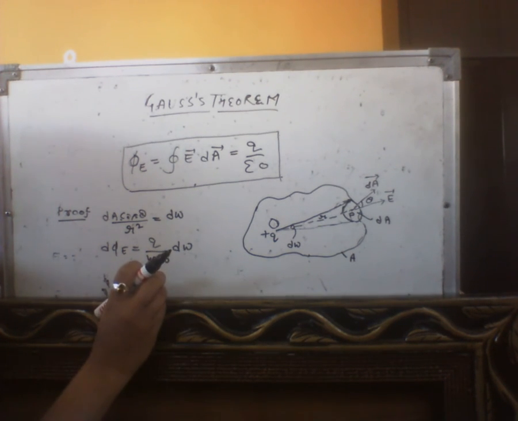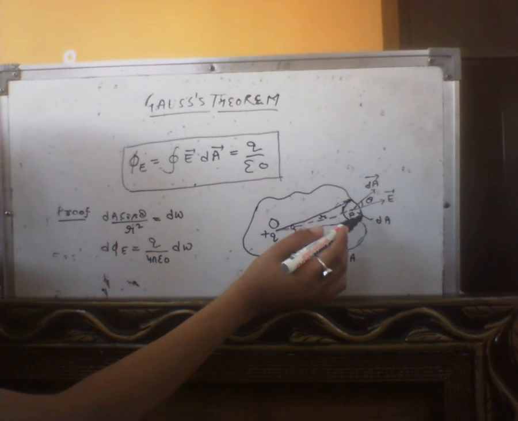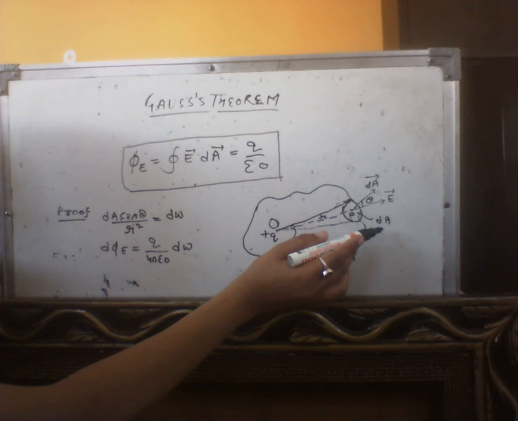This is the flux emerging out from this small area which we have considered, which is equal to dA.